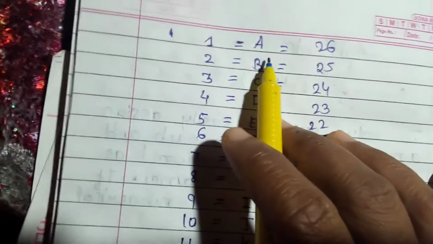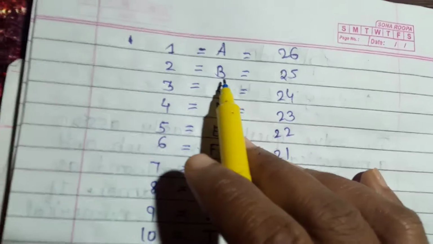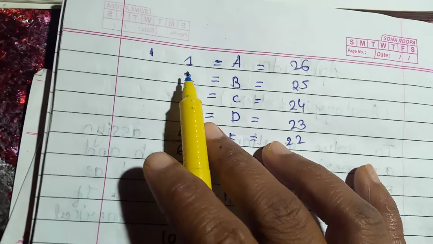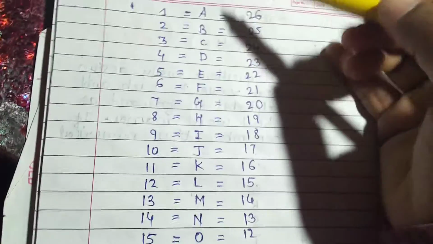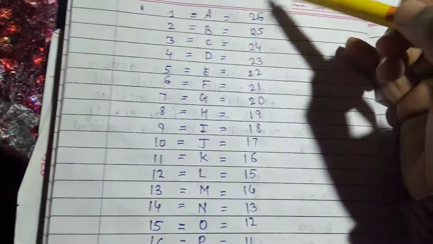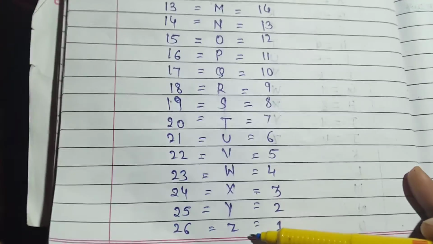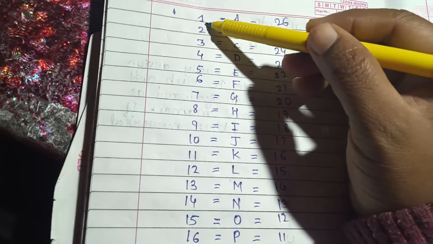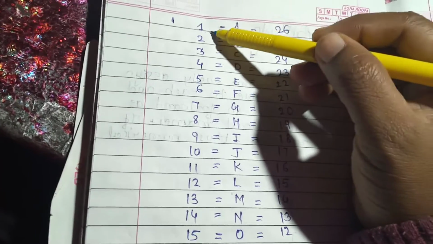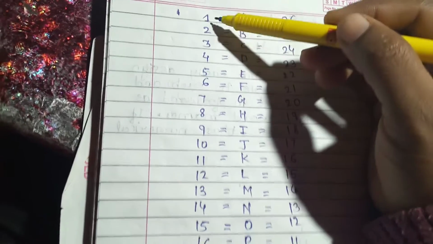to solve such type of examples easily, we have to give the numbers, or we have to set the values of the alphabet. So I have written here alphabets from A to Z, that is A, B, C, D up to Z. Now see here children, give the values for each alphabet. First give the values from 1 to 26, that is A means 1, B means 2, C means 3, like that.